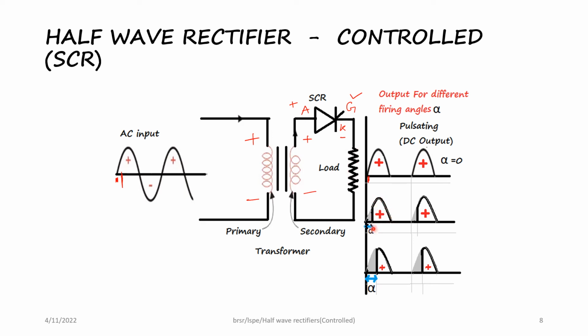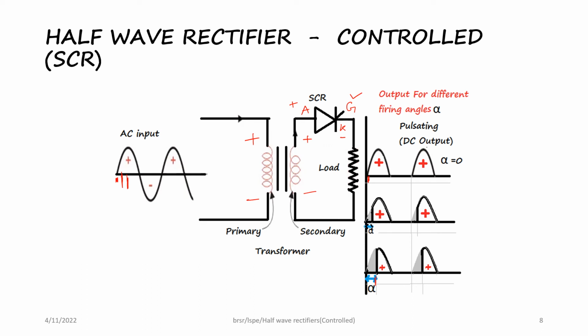In the negative half cycle it is reverse biased, so it does not conduct. In the next positive half cycle also it will start conducting from the point where the gate signal is given. This second one is similar. Here the gate pulse is given at a much later stage than the previous one, so we get an output voltage which is different from that of a diode.